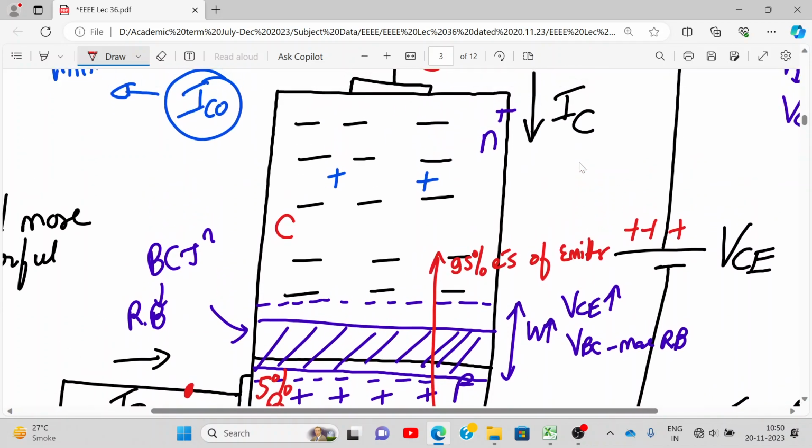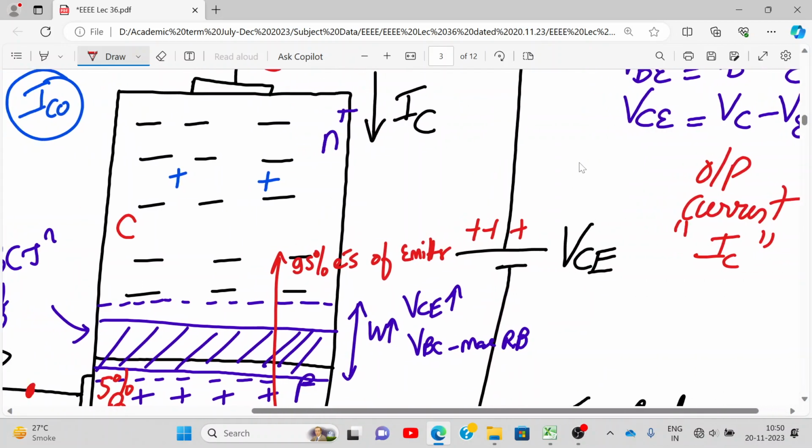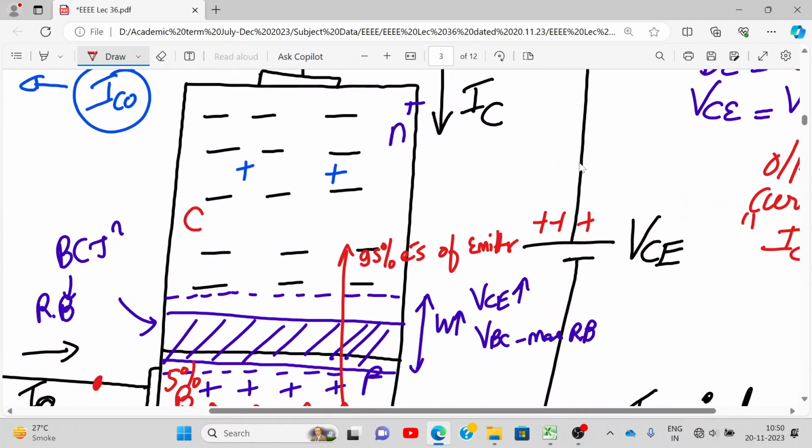Also, in the reverse bias, what is the status of the electric field? The higher the reverse voltage, the more powerful the electric field. How is the electric field directed in the base and collector region? The electric field is directed this way, vertically down. As you go on increasing VC, this electric field becomes more powerful.